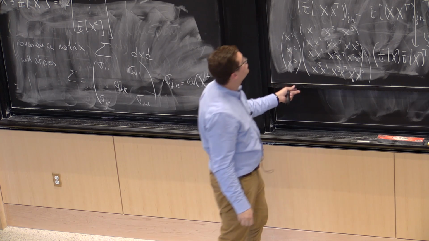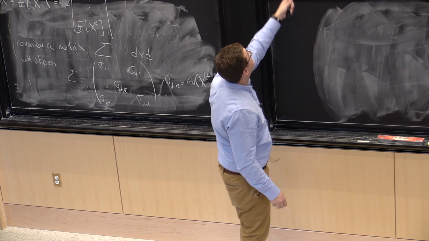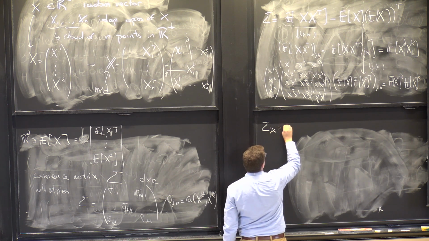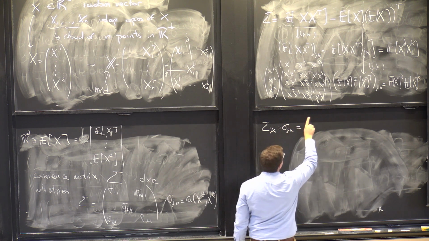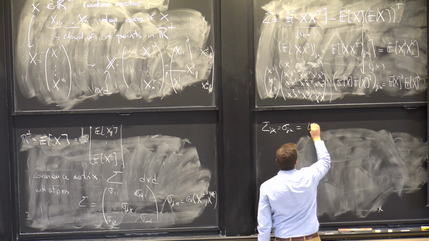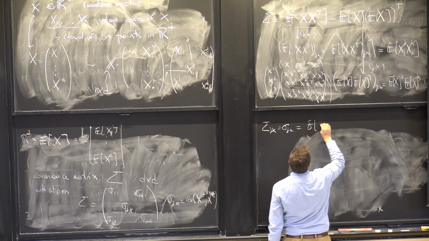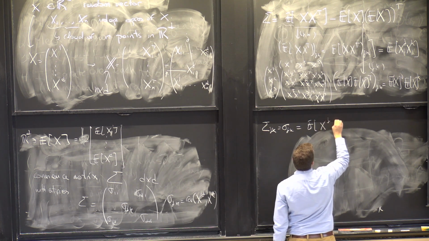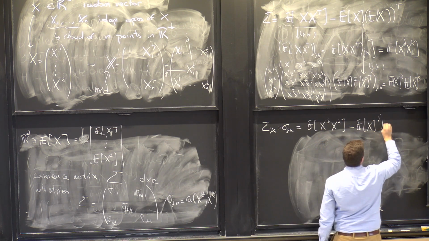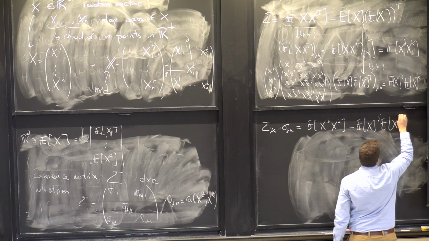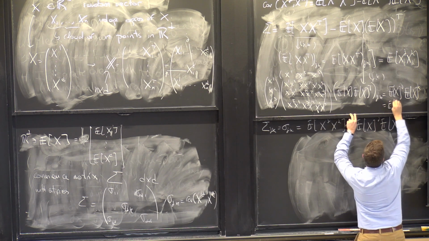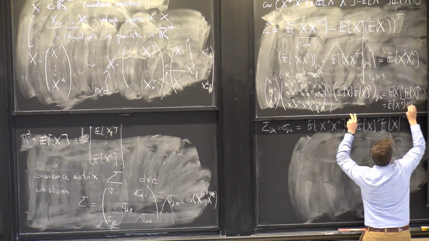If I put those two together, the jkth entry of sigma, which I called little sigma jk, is equal to the first term minus the second term: the expectation of xj xk minus the expectation of xj times the expectation of xk.